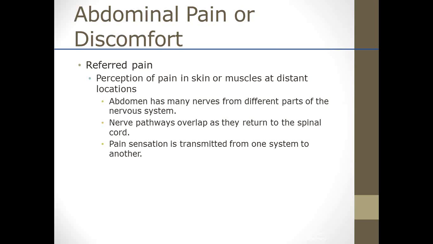We know our gallbladder sits in the upper right quadrant of your abdomen, but when it becomes inflamed or irritated, frequently, just because of the way the nerve pathways overlap, the pain for those people will oftentimes be up in the right shoulder or the very top part of the upper right chest.